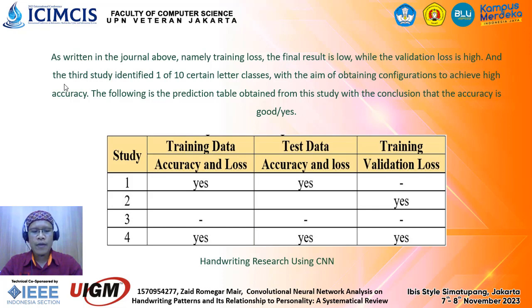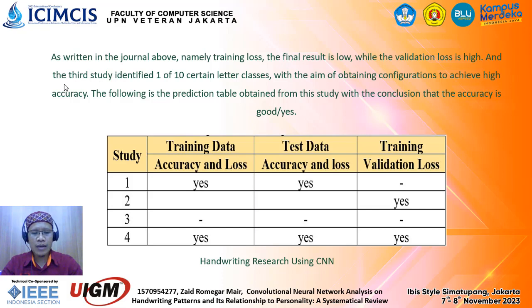For literature 1, 2, 3, and 4, the table has training data in the second column, testing data, accuracy and loss, and training validation in the last column. This is handwriting research using CNN. The first literature has training data and testing data, but not training validation loss.